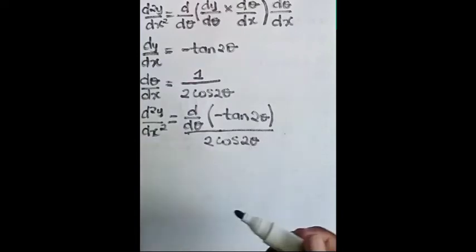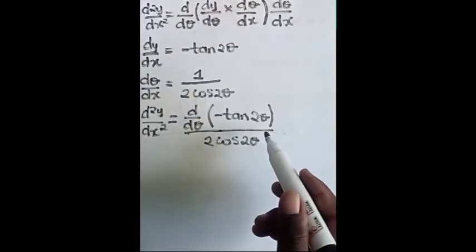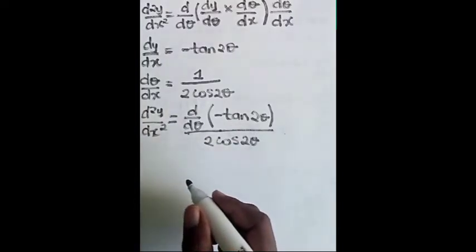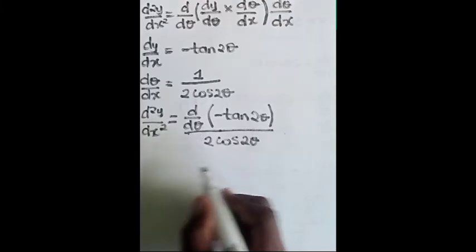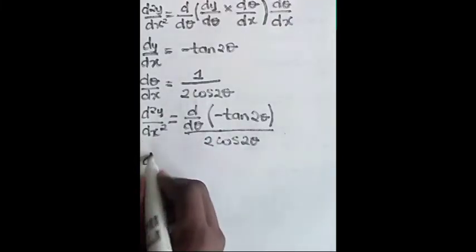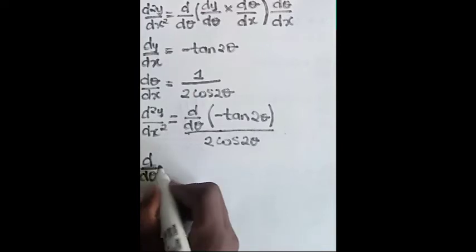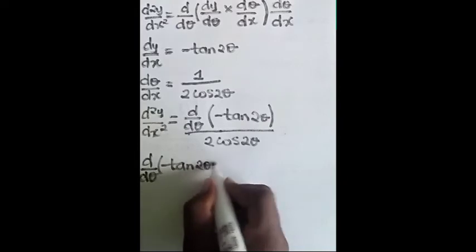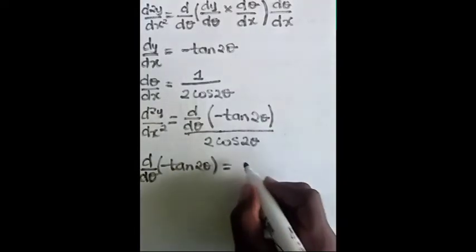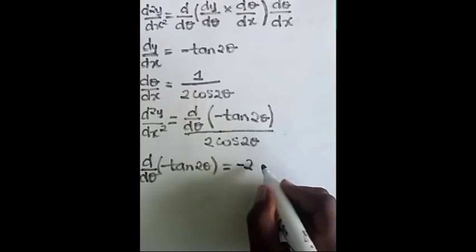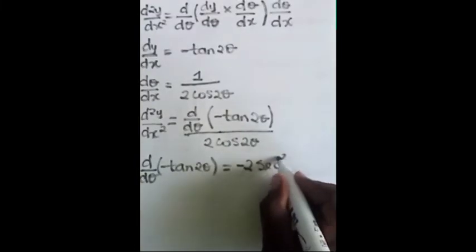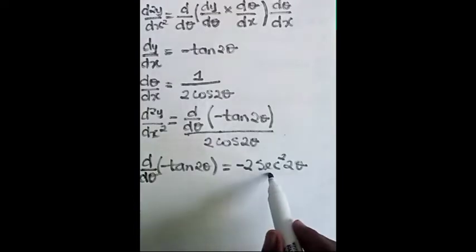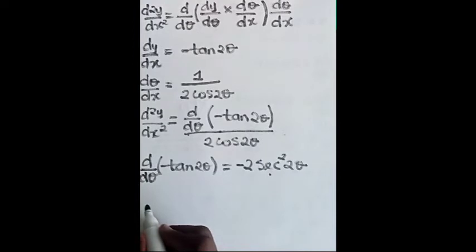So I'll be forced to find the derivative of negative tan 2 theta. We know that the derivative of tan 2 theta gives a sec squared 2 theta. So d/dθ of negative tan 2 theta is going to be negative 2 sec squared 2 theta.